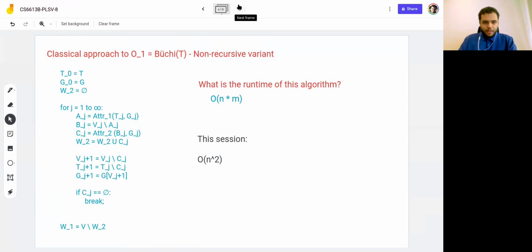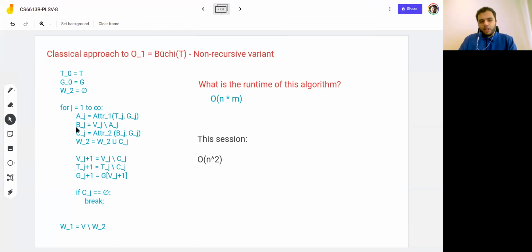Okay. So I hope you remember this algorithm. This is basically just unrolling the recursive algorithm. At every step, we compute the attractor of the target set for player one. And then we compute a trap, which is the complement of that attractor. And then this is the exact same thing as in the previous slide.